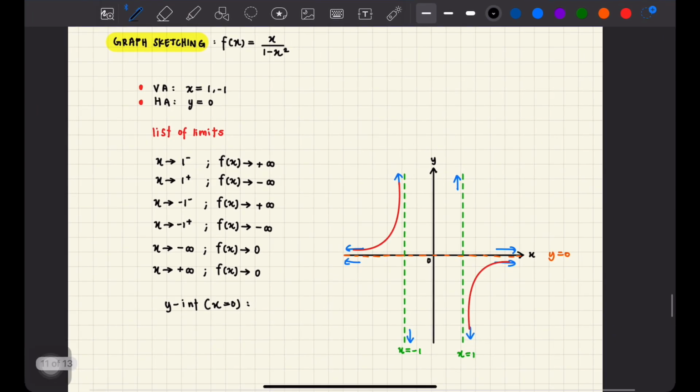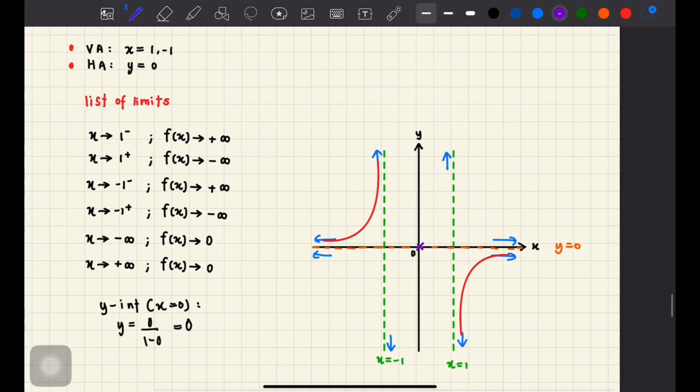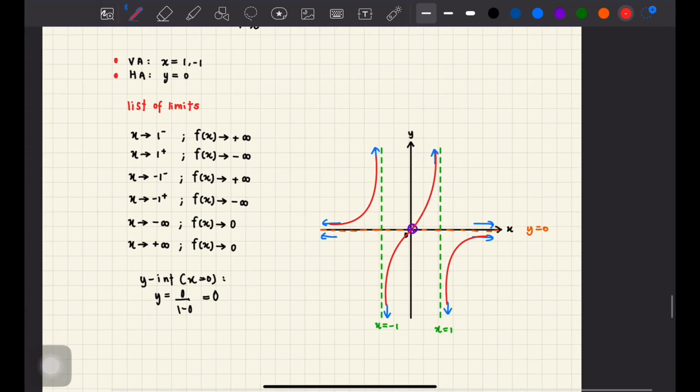So with x equal to 0, we get y equal to 0 over 1 minus 0, which is equal to 0. Substitute the value of 0, we get 0. So when x is 0, y is also 0, which means it intercepts exactly at the origin. So our graph will look like this and continue downwards. Yeah, this is our graph, the one in the middle.